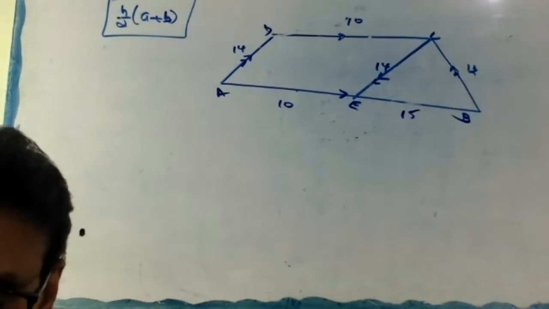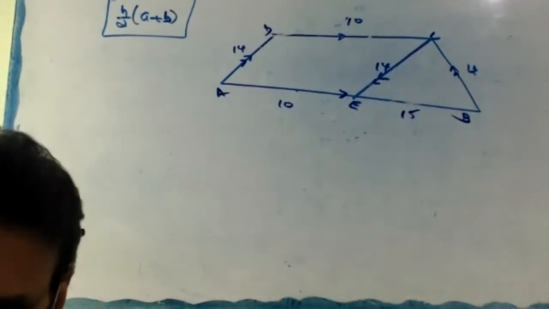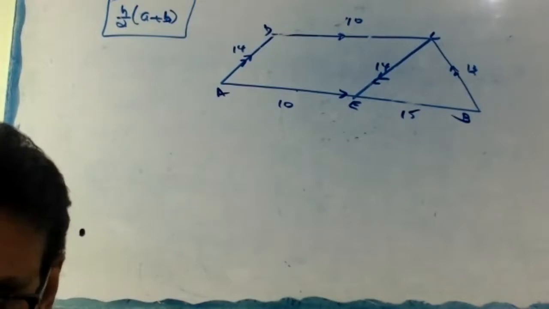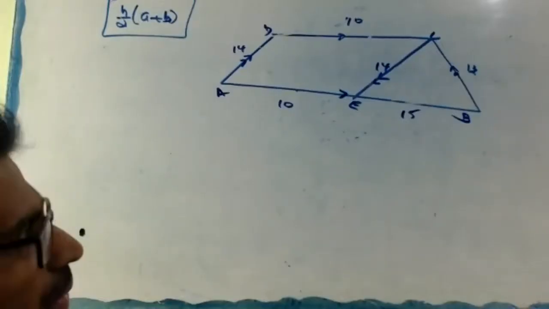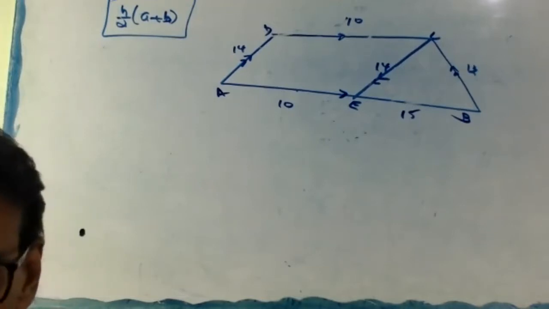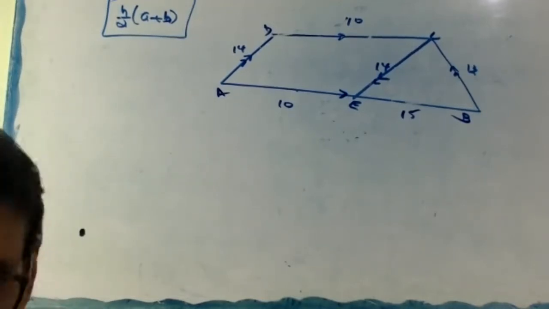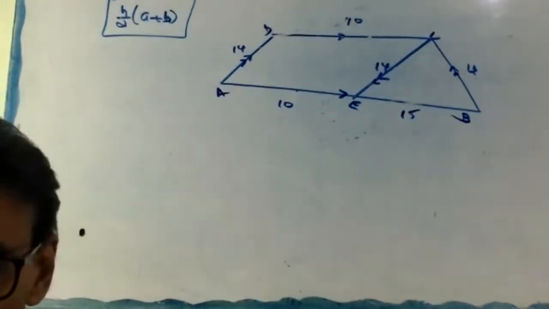How many times am I telling the same thing? Through C, draw a line parallel to DA, which intersects AB at E. Clear now?